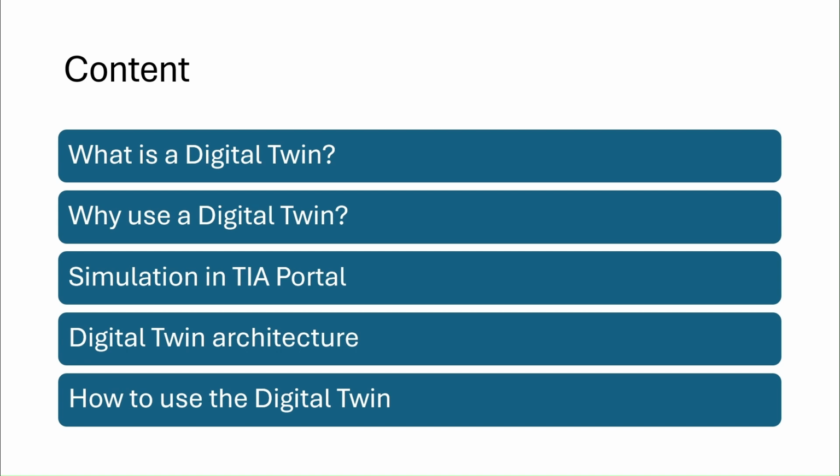There we will dive into some example, what could be the benefits of applying a digital twin in that example. And in the remainder of this course, we will use this example to simulate, and you will just code along with me in TIA Portal version 18.